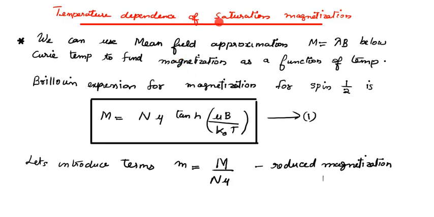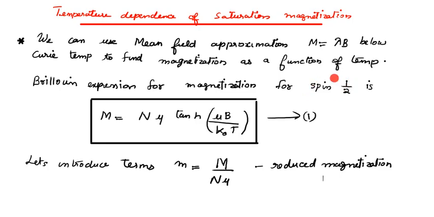Above Curie temperature, ferromagnetism disappears and the specimen behaves as a paramagnet.